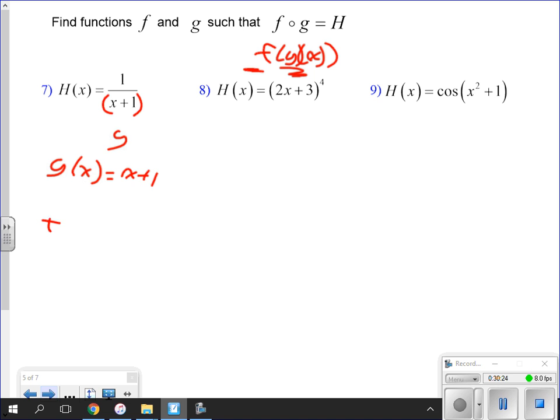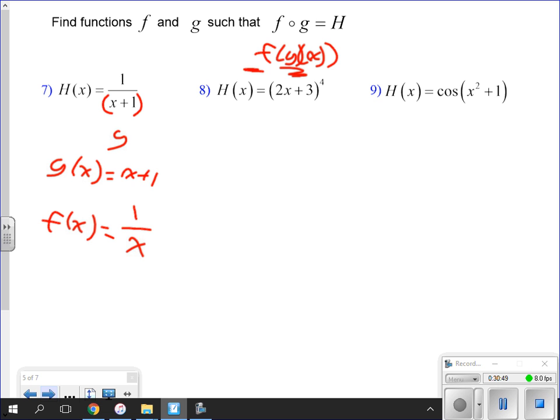What is f going to be then? 1 over that. If I put them together, what do I get? I get 1 over what g of x is, which is 1 over x plus 1. Generally speaking, when you have fractions, this is how it's going to work.